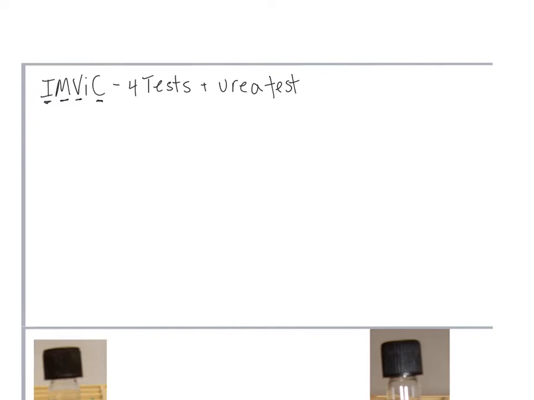All right, so let's start with the I for the Indole test. Okay, Indole is actually the product of the reaction that we're testing for here. We are looking for organisms that have an enzyme. I always have trouble spelling tryptophan.